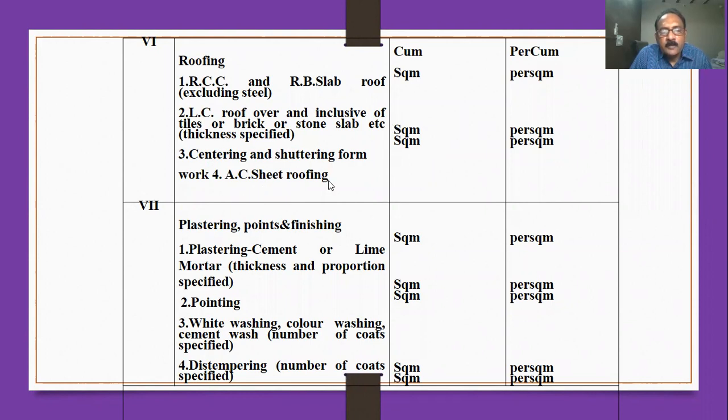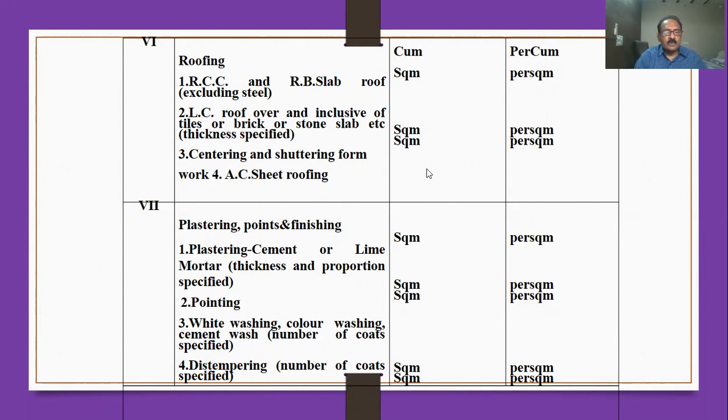AC sheet roofing is also square meter. Payment also per square meter. In roofs, except slab, wherever thickness is very small, it is in square meter, and wherever the slab thickness is say 120 mm, 100 mm, 150 mm, then the quantity is in cubic meter, and payment also in cubic meter.